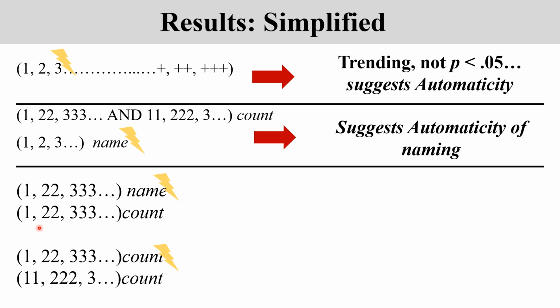The second part of the experiment suggests that naming numbers is more automatic than counting, so that's why naming these numbers is faster than counting the number of digits. Whether congruent or incongruent, counting is slower than naming, and this suggests that naming or reading numbers is a more automatic cognitive process than counting.